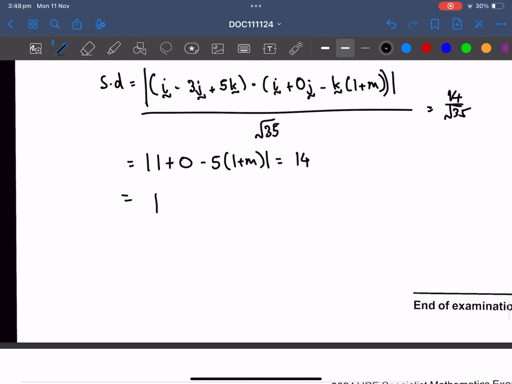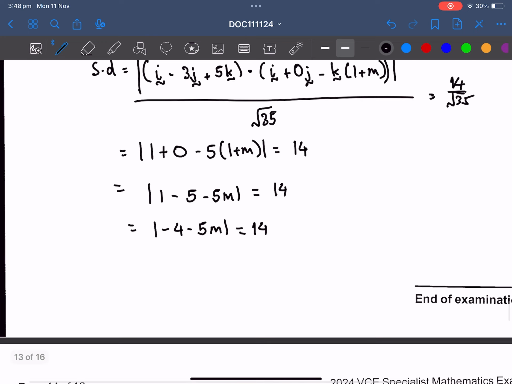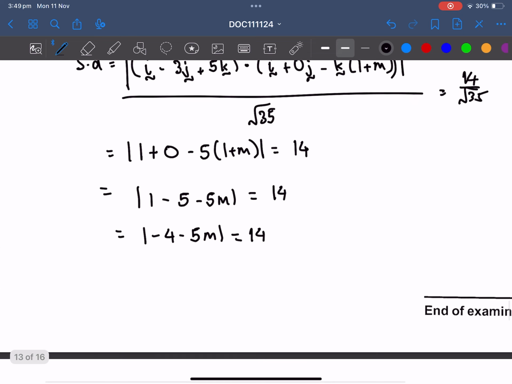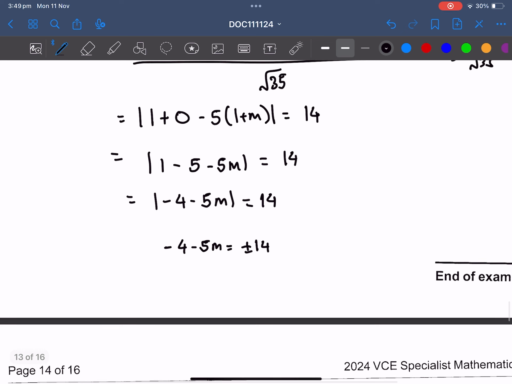Okay, so we'll get 1 minus 5 minus 5m equals to 14, so minus 4 minus 5m is equals to plus or minus 14.